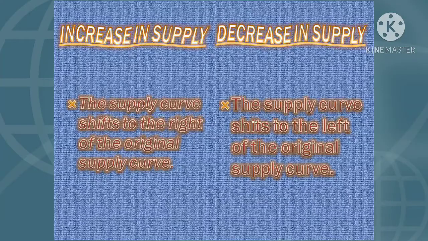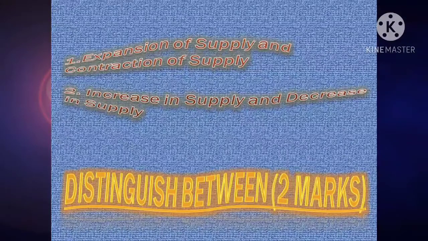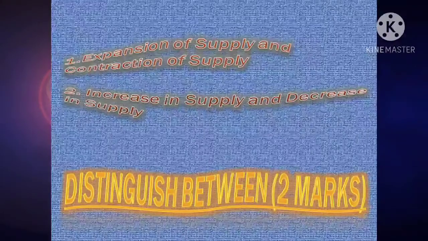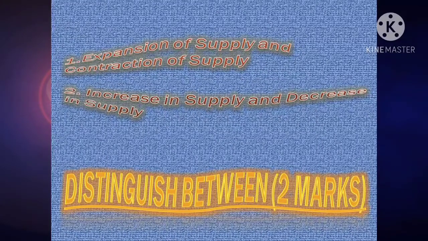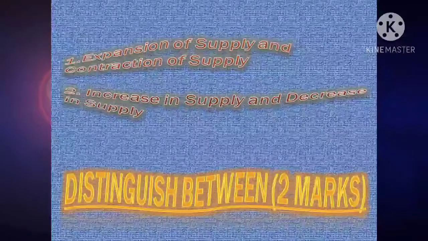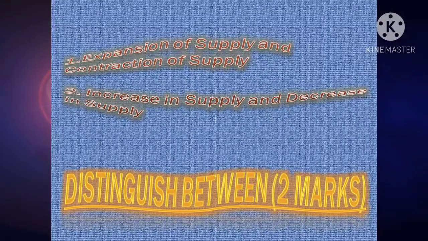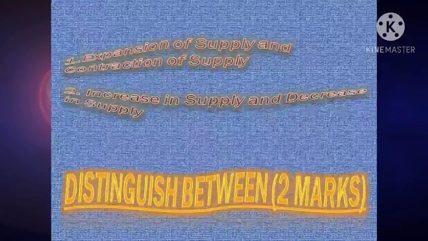We have studied in this video what is meant by variations and changes in supply. The important distinguish between variation and changes is variations take place because of change in price alone, whereas in changes, the changes take place because of other factors besides price, and price remains constant.